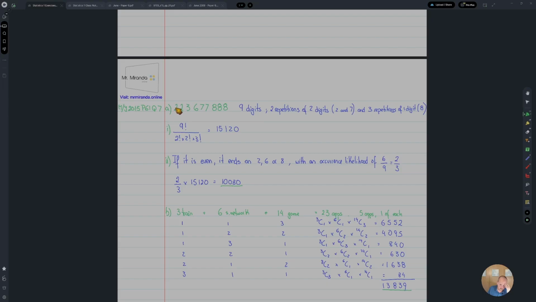Let's count. 1, 2, 3, 4, 5, 6. So 6 possibilities out of 9. This means that you have 2/3 times the overall number of possibilities, okay, which is 10,080.